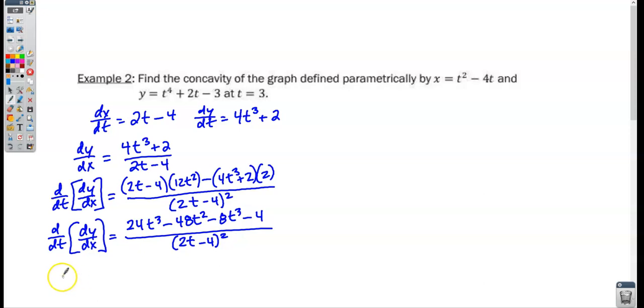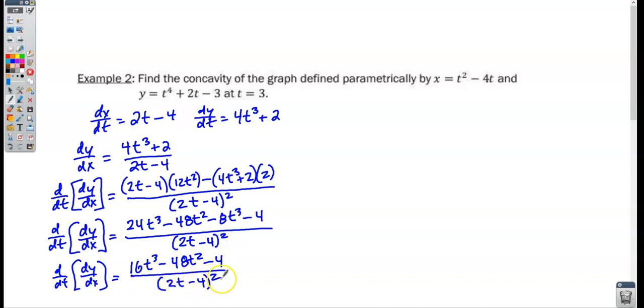Yep. And so this is going to be equal to 16t to the third minus 48t squared minus 4 all over 2t minus 4, the quantity squared.